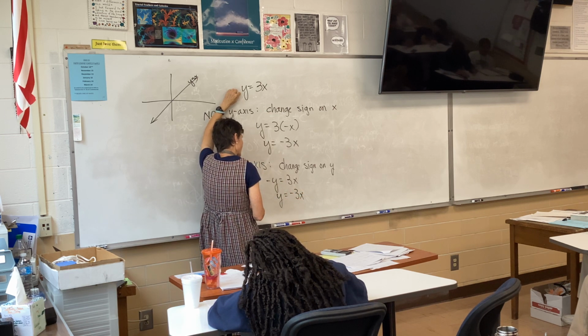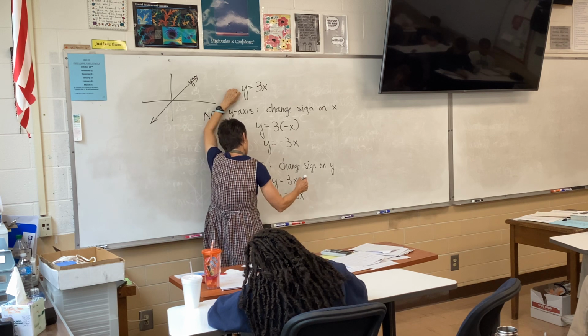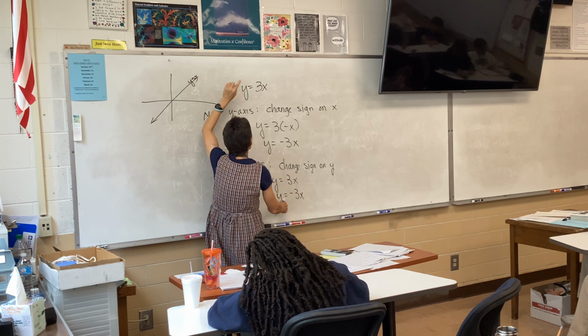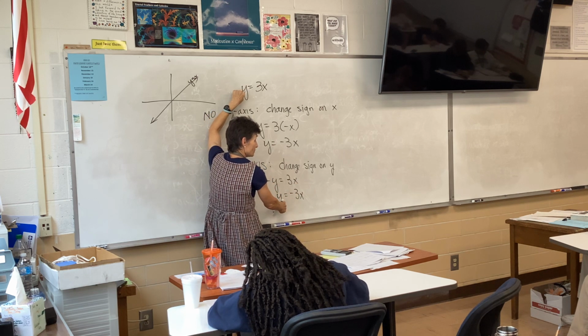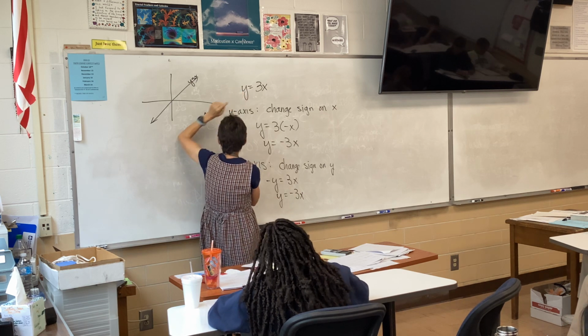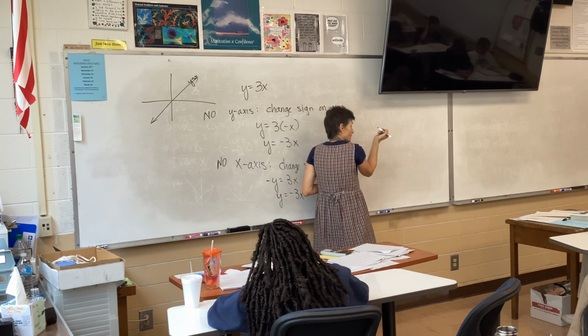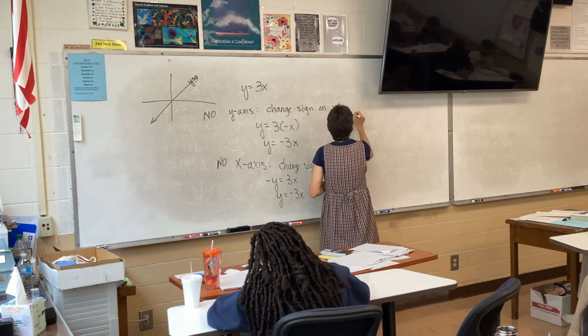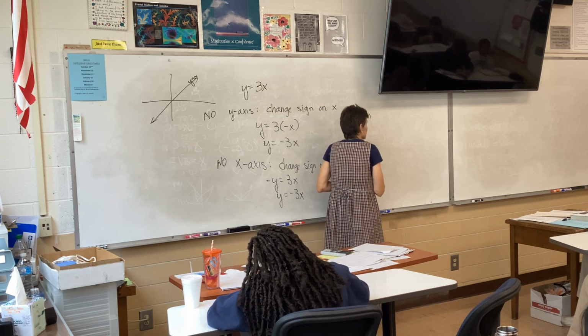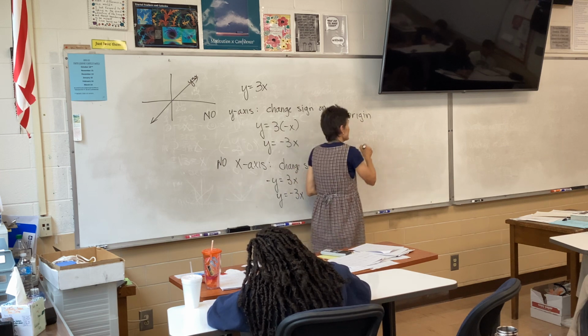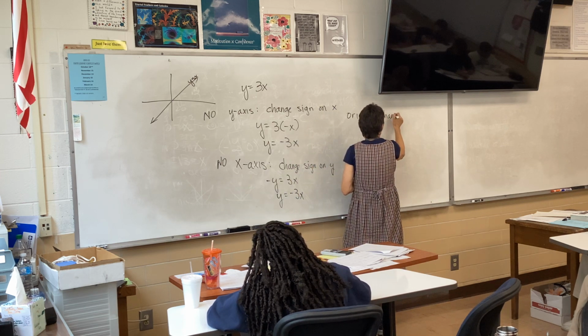Simplify a little bit, clean it up a little bit. Is what I got the same as the original? Nope, don't have any symmetry there either. Okay, the origin next. Origin. Change the sign on both.